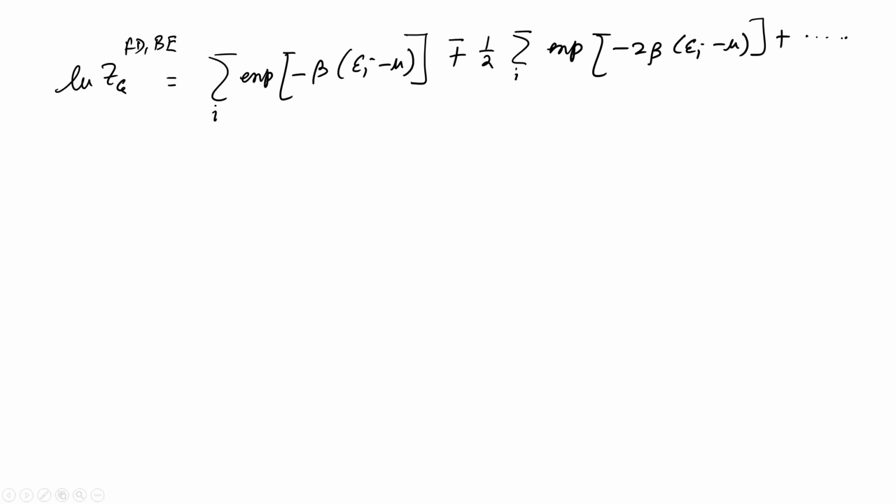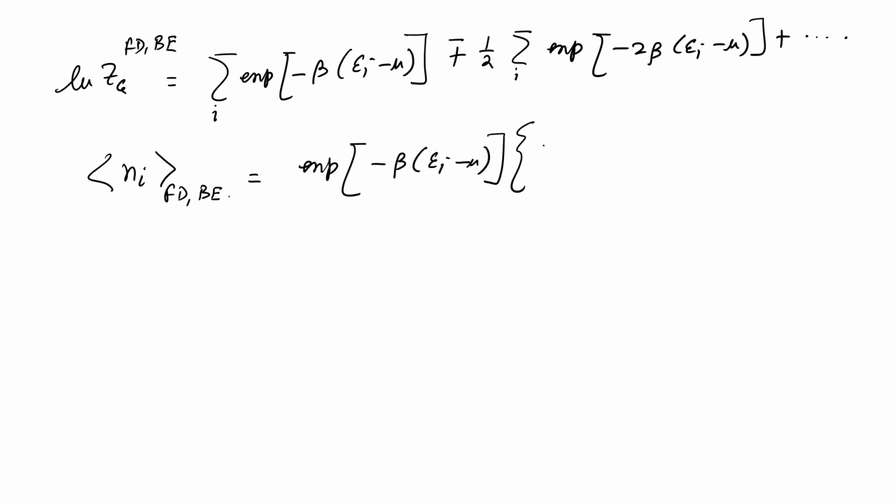So, that is the log of Zg, and then of course, your Ni for FD and BE can also be expanded. So, exponential minus beta epsilon i minus mu, and then there is a 1 minus plus exponential minus beta epsilon i minus mu and so on.